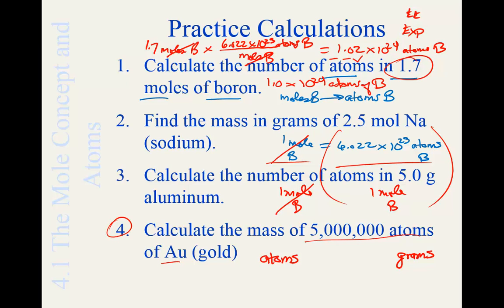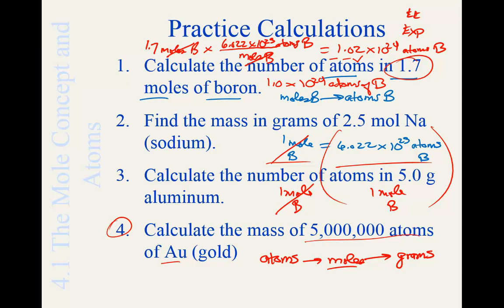But I can group these atoms together in groups called moles, and once I get the moles, I can convert that to grams, because all I need to know is how much 1 mole of gold weighs.